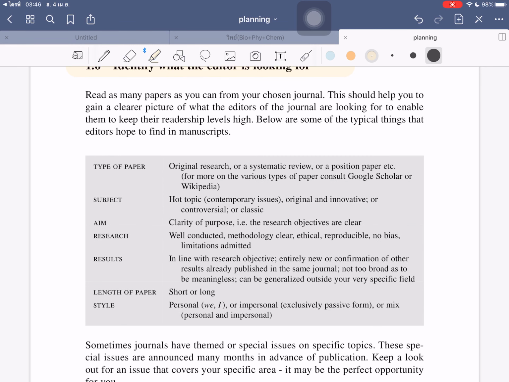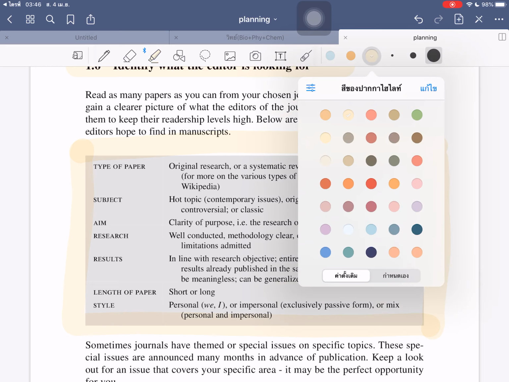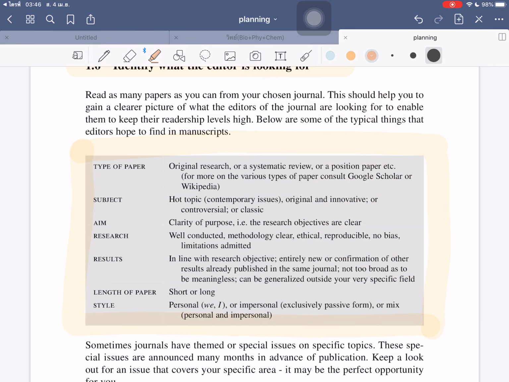What you need to think about when you write the paper: think about the type of paper, the subject of the paper, the aim of the paper, the research result, the length of the paper, and the style. Let's see. I'm sorry.